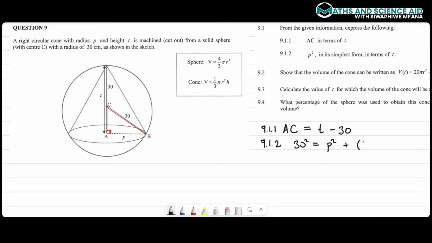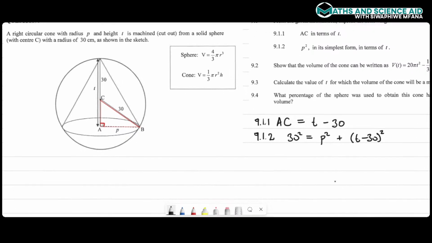So AC squared will be T minus 30 all squared. We just now need to make P squared the subject of the formula here. So we'd have to take this perfect square, this bracket, into the left-hand side here. And if we do that, firstly, 30 squared, what is that equal to?